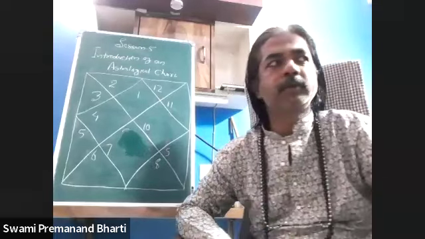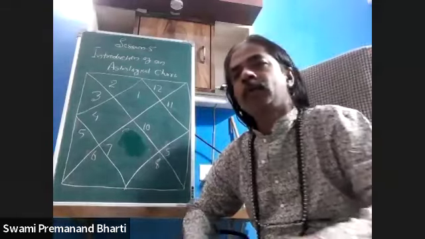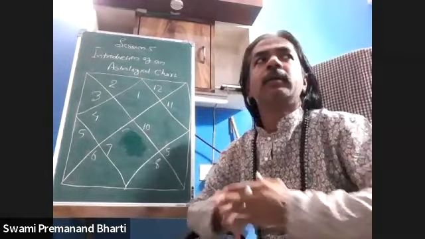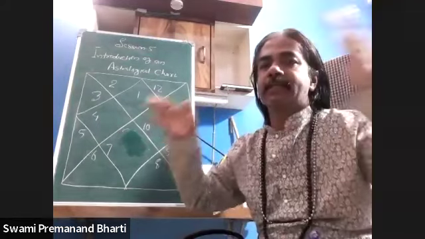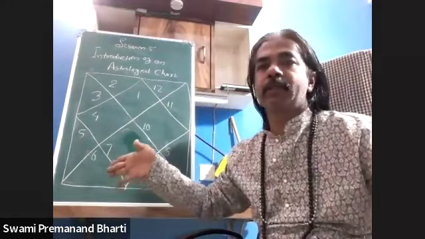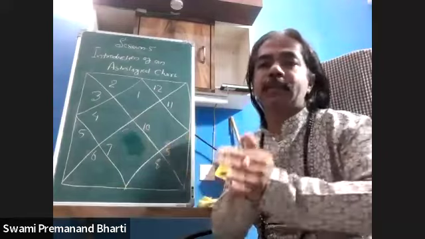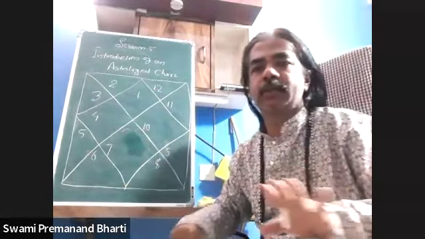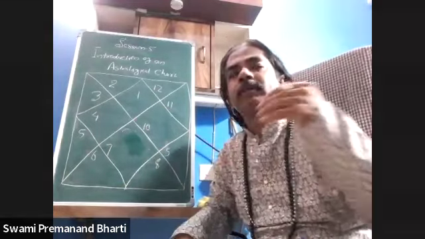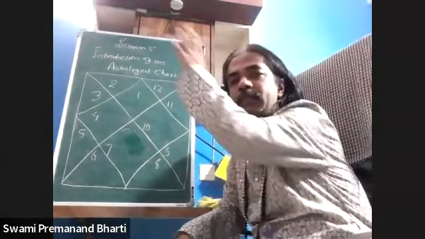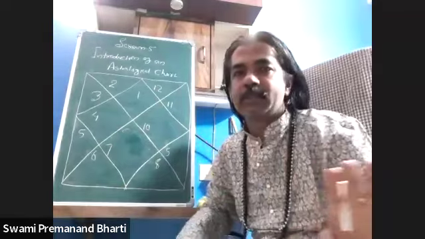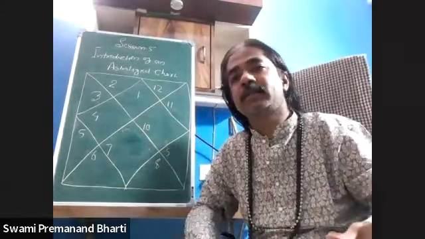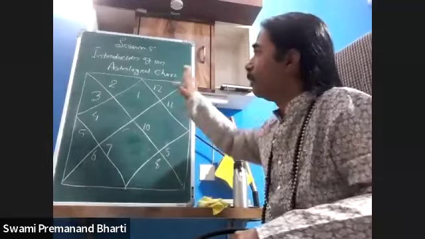This is a deeper concept where in the tropical zodiac also one house or one sign can be larger than 30 degrees and another can be shorter than 30 degrees. But obviously the total will always be 360 degrees, because the sky cannot be more than 360 or less than 360.